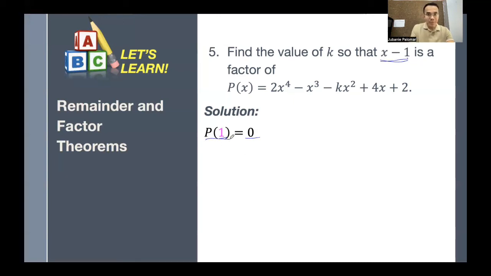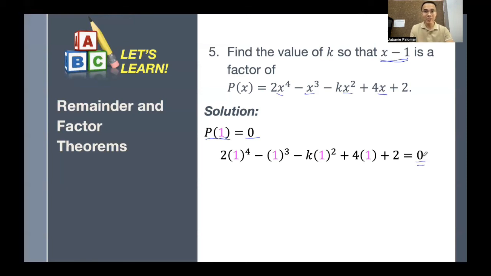What is p of 1? This is our function p, so we will replace all the x's here with 1, and that is equal to 0. This is the remainder, and this should be the remainder in order for x minus 1 to be a factor of the given polynomial function.